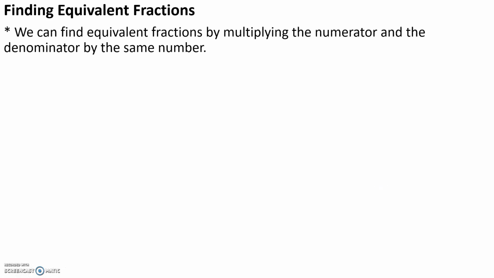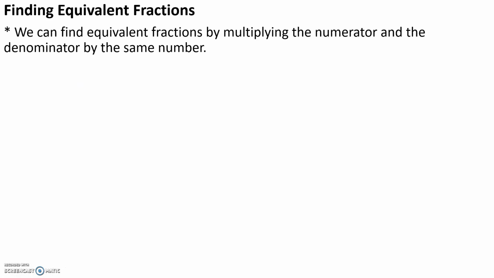Now how to find out equivalent fractions? There are two ways. First one is we can find equivalent fractions by multiplying the numerator and the denominator by the same number. We should multiply the numerator and denominator by the same number.